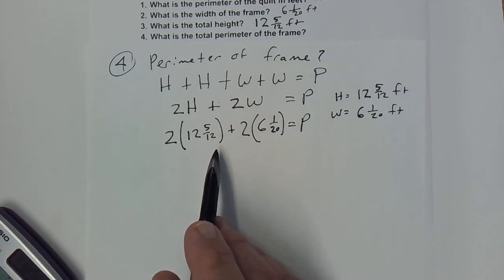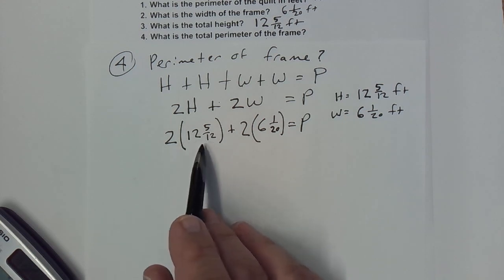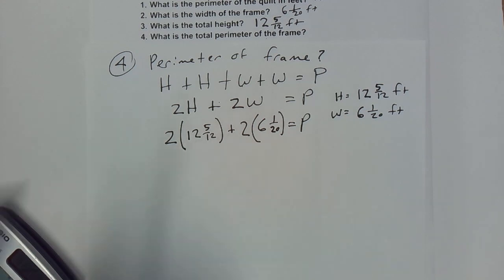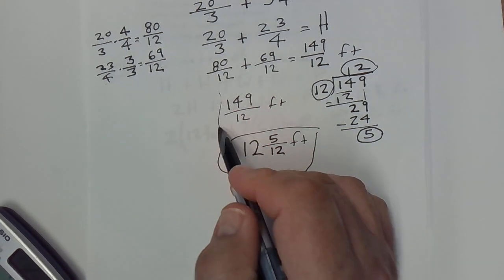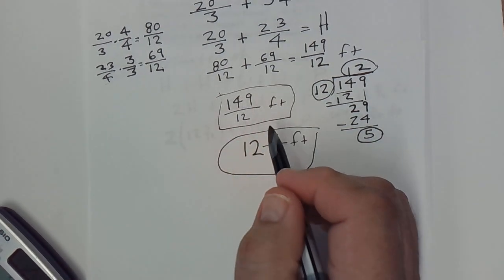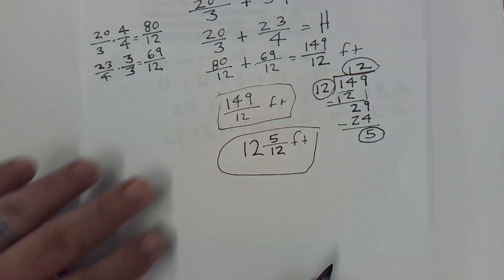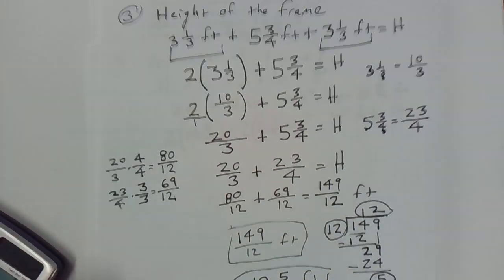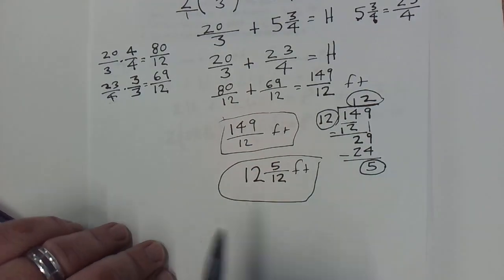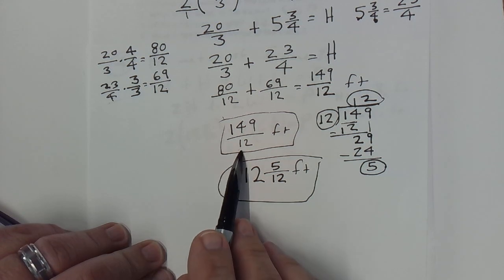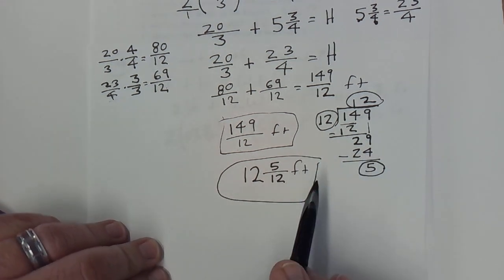We can go back through the same process, but if you recall, our work earlier had given us an improper fraction for the height of the frame. This was the height of the frame. Because we write everything down and show all our work, we can see that we already have the improper fraction, so we don't have to reverse what we already did.